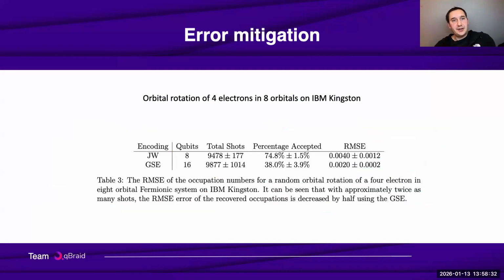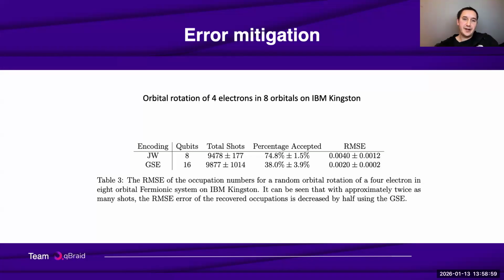We also showed the error mitigation is effective on hardware. This was an experiment of an orbital rotation circuit on IBM Kingston, and you could see that using these stabilizer measurements, you rejected about 60% of your shots.